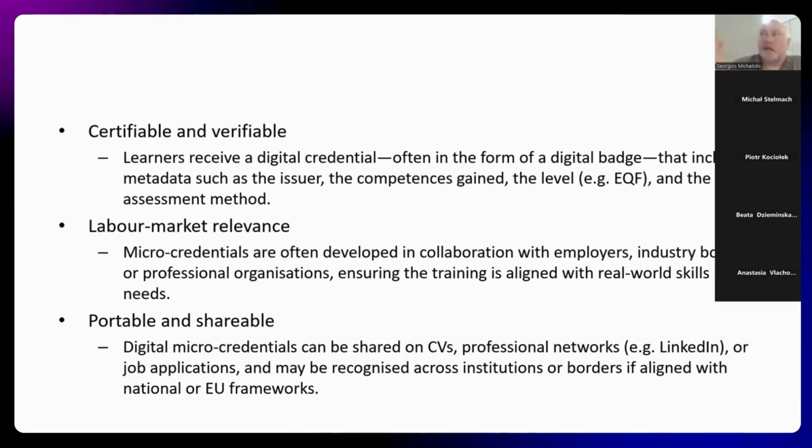Yeah, labor market relevance, obviously, it has to be a skill that you can use immediately. And portable and shareable. For example, you have a Europass. You share a Europass with where you want to work, with an education institution, whatever, and you can add to that a digital badge. And a digital badge can literally be a picture of a certificate, a picture of Mickey Mouse, whatever.